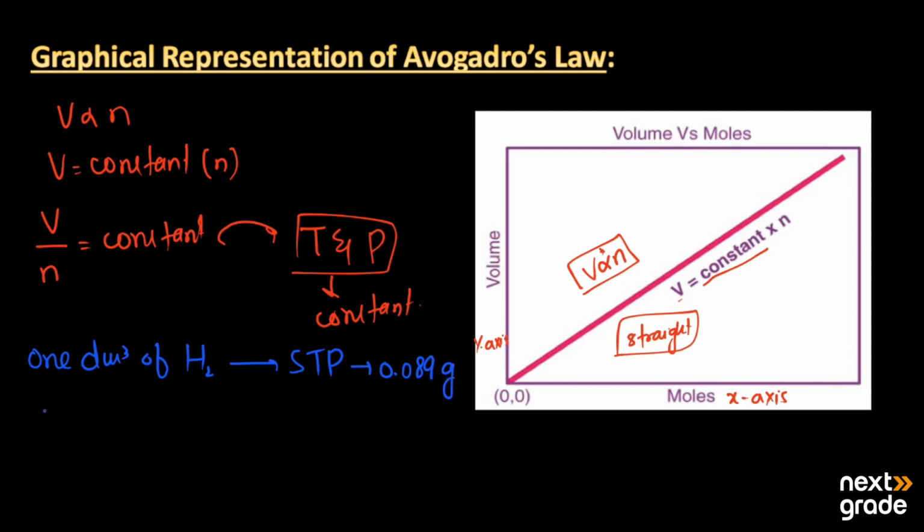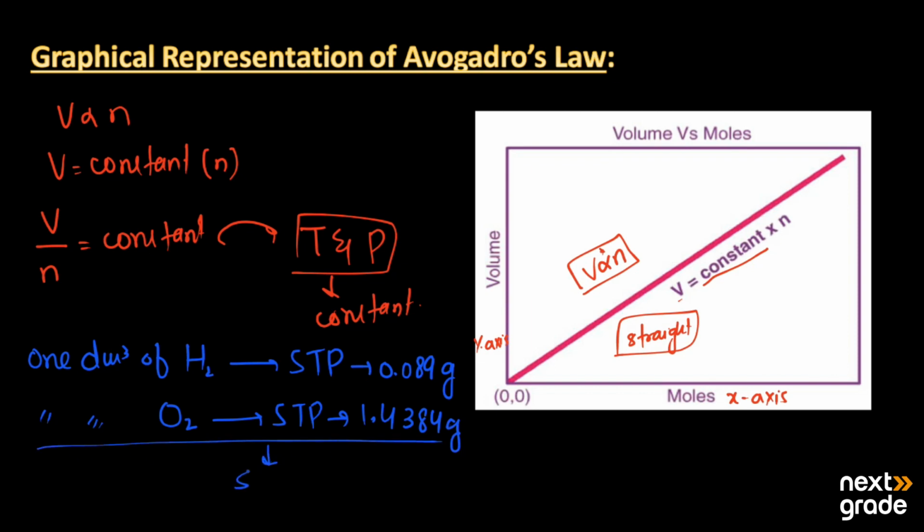And if we have 1 dm cube of oxygen at STP, then its weight is almost 1.4384 grams. But the number of molecules in both of these is the same.